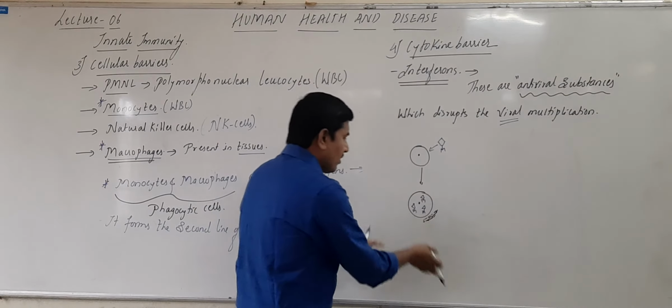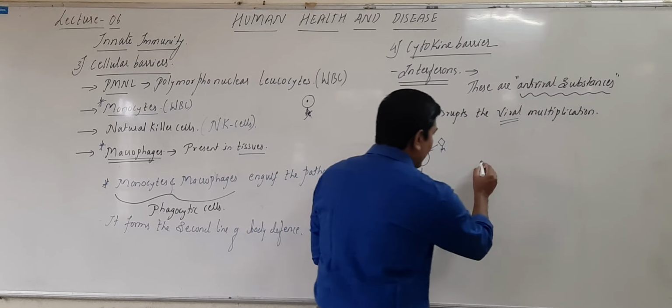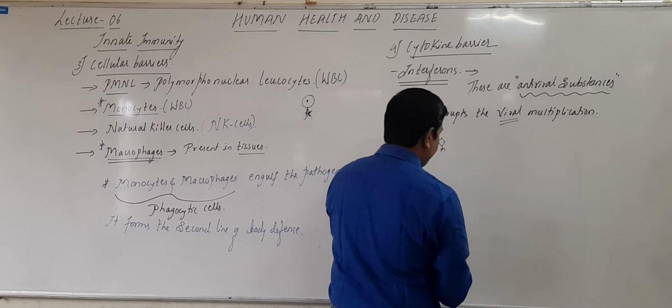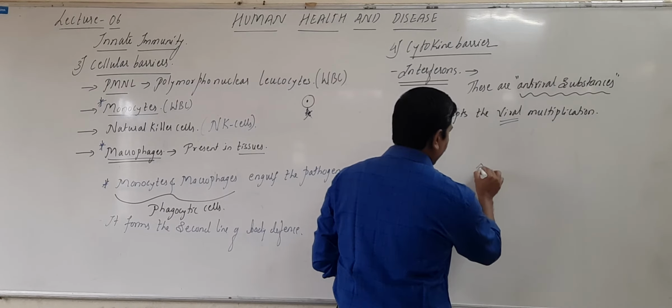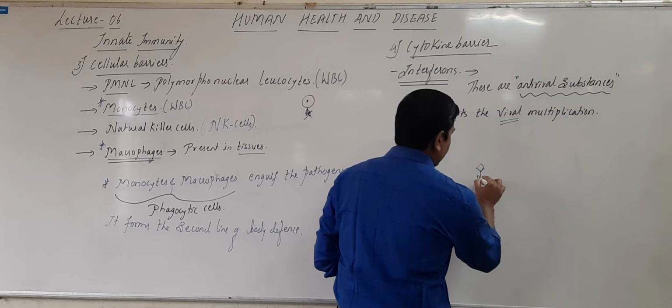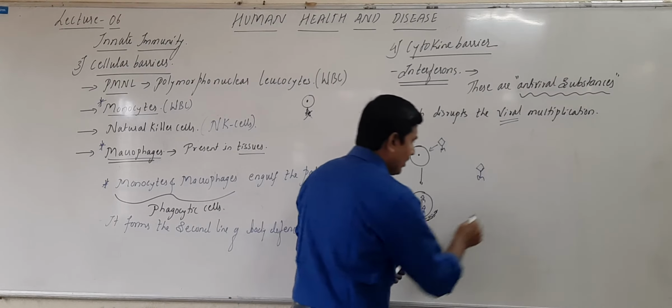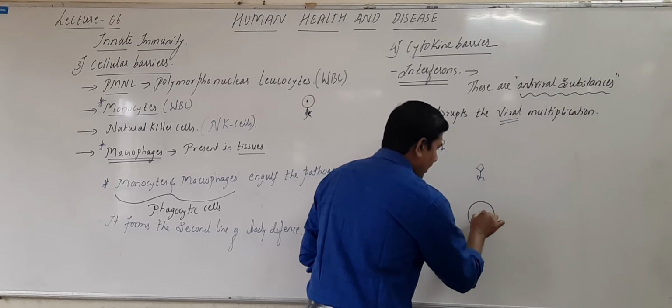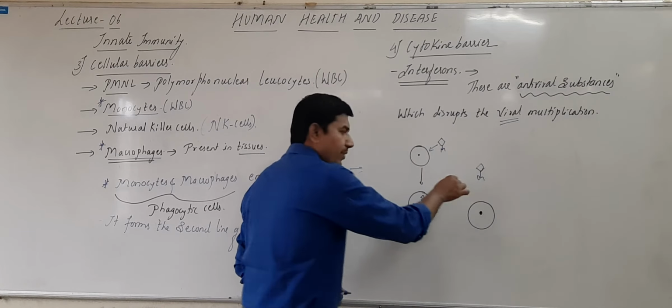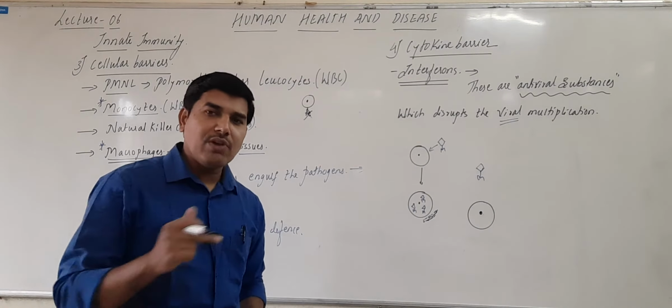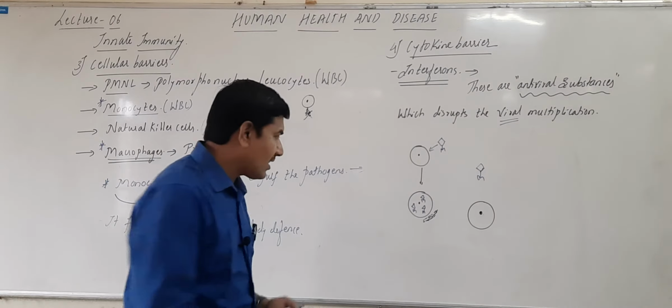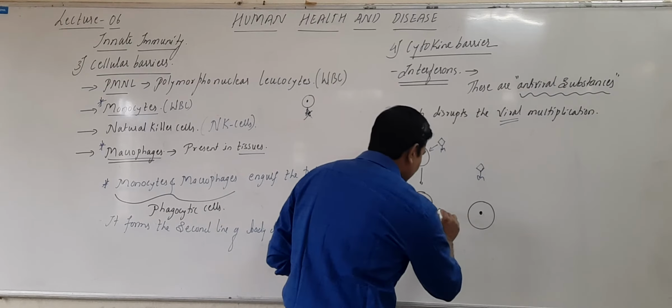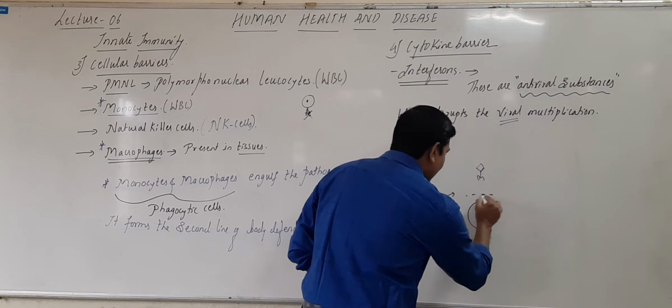When these are released, now what will it do? The virus will come here. Here we have the host cell. Now this new virus has the chance to infect our host cell. As a result, our interferons will move and come in between.